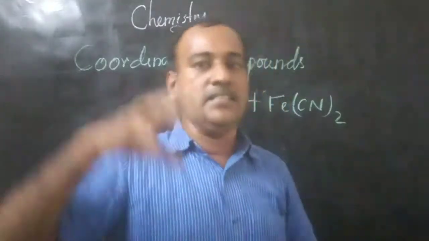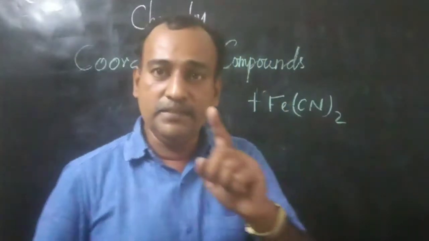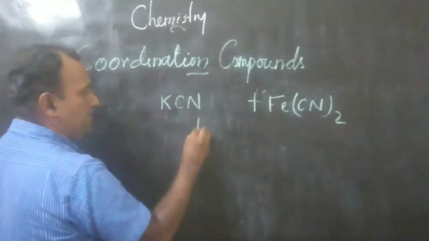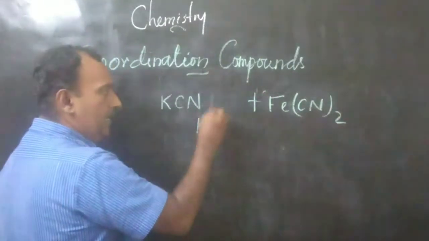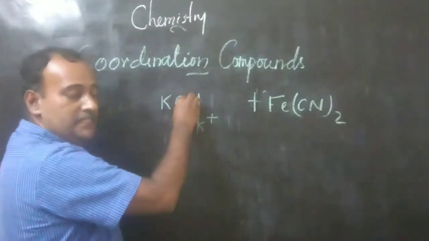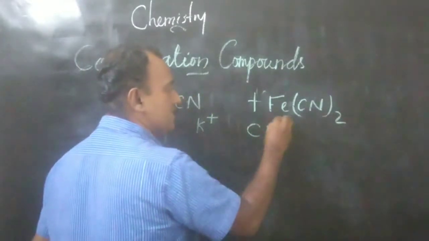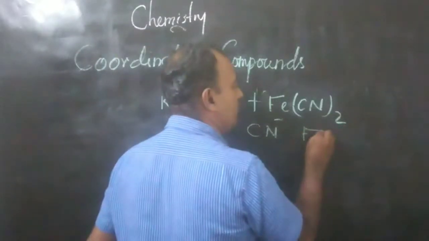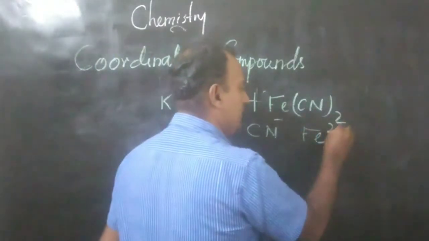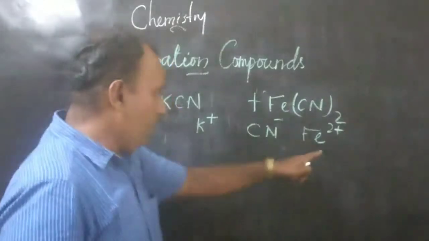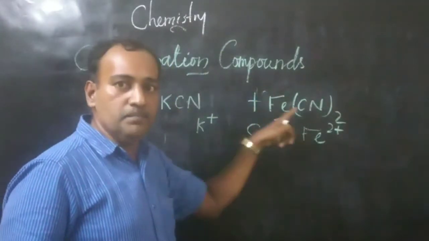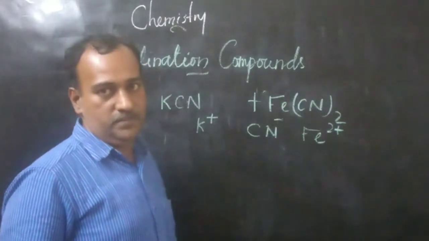On analyzing the solution, it should exhibit the properties of K+, and also the property of CN-, and also the property of Fe2+, because all these ions are present in the molecular or addition compound.